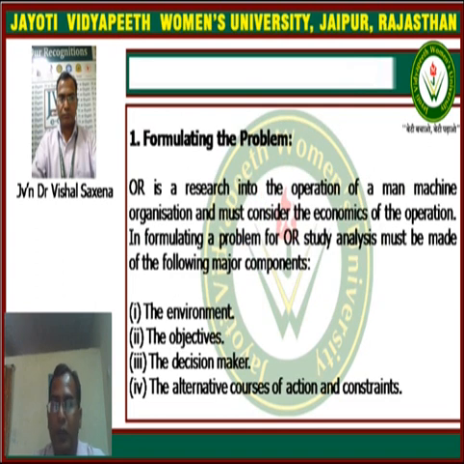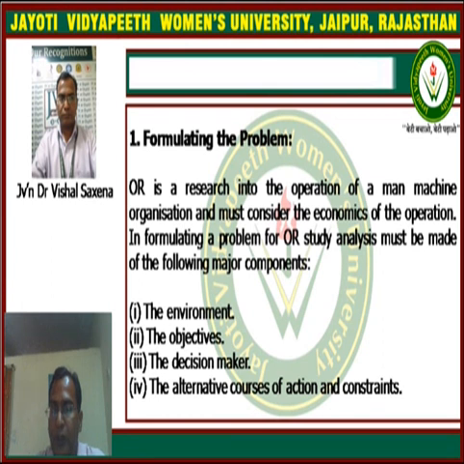The first part of the methodology of operation research is formulating the problem. It is very important. Operation research is a research into the operation of a man, machine, organization, and must consider the economics of the operation.